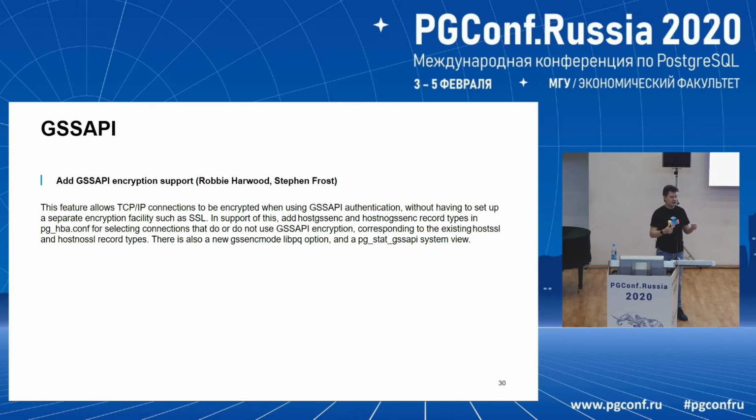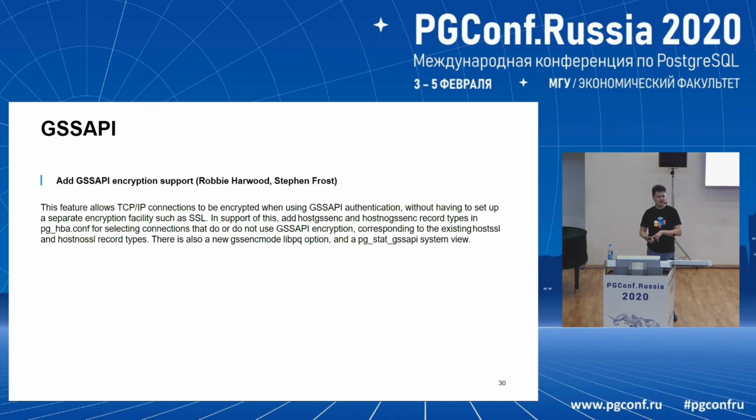Another problem which we encountered recently is that GSS API encryption was added to Postgres. Now Postgres is waiting, either during the connection or during the startup packet, for either a TLS connection request or a GSS API request.